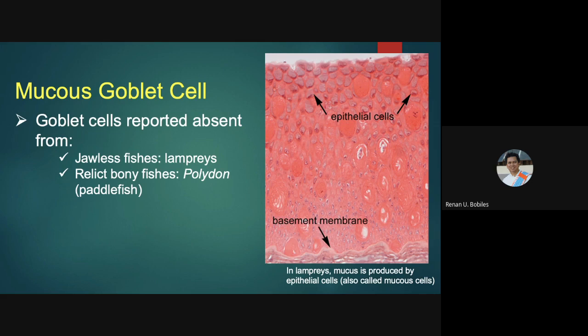Ito yung mga group of fish that are primitive. Okay? Sa teleost fish like the mud skipper. Wala silang mucous goblet cell.